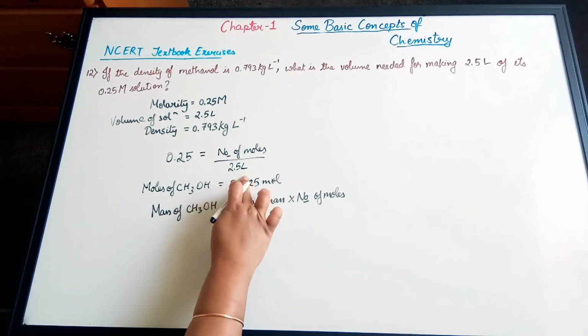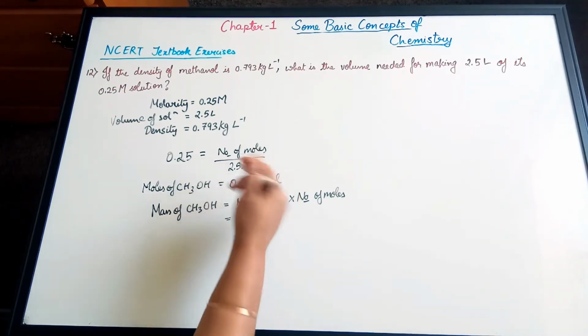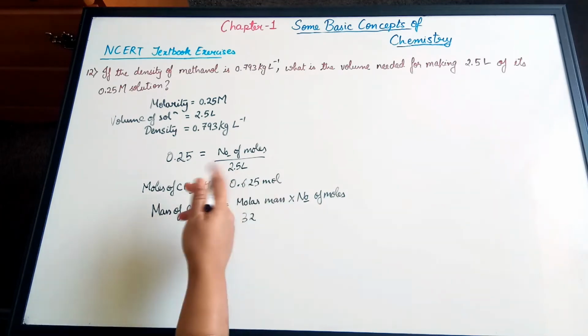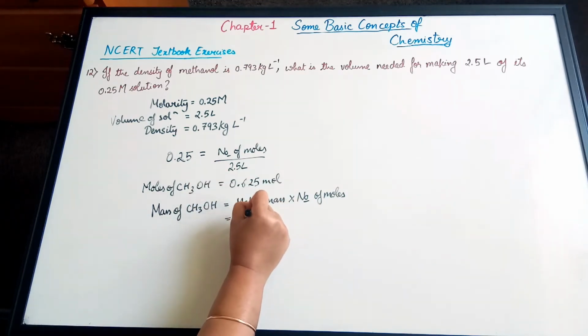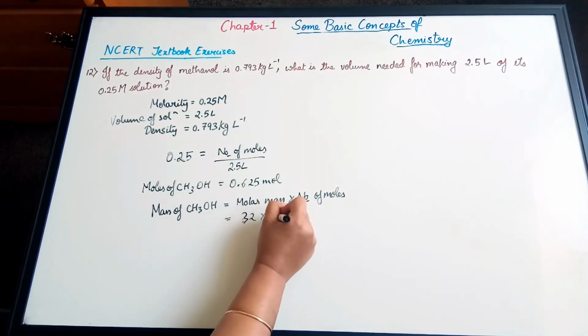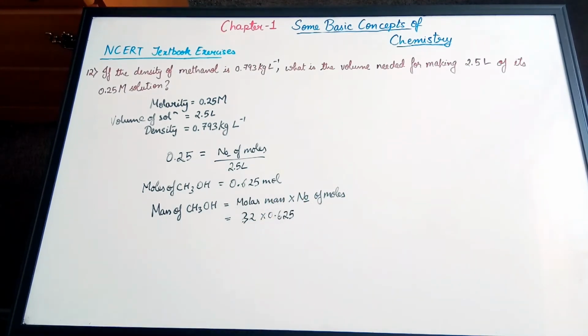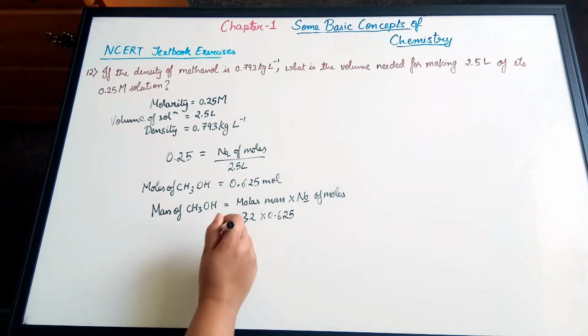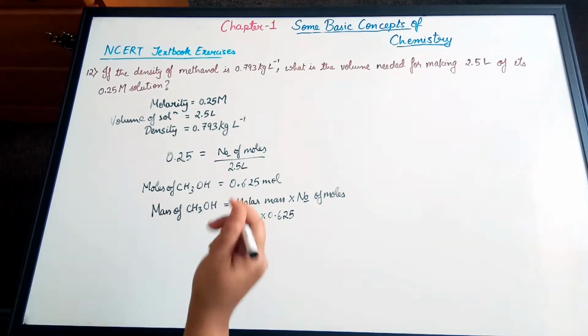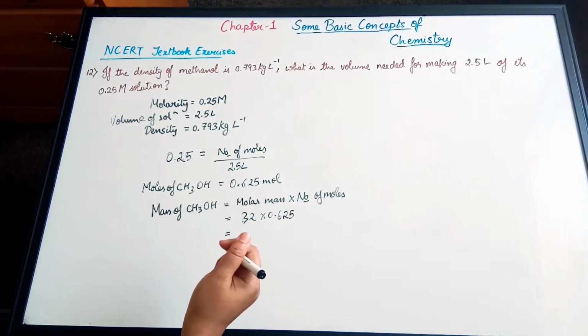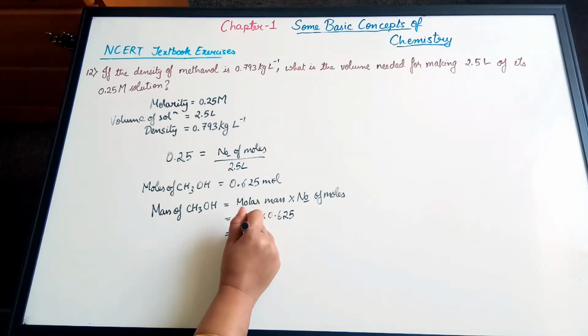Oh, I'm sorry, it is not 0.25, it's 0.625. We simplified, I'm really sorry, because we are multiplying it. 32 into 0.625. Okay, so the mass of CH3OH, that is methanol, is equal to 20 grams.